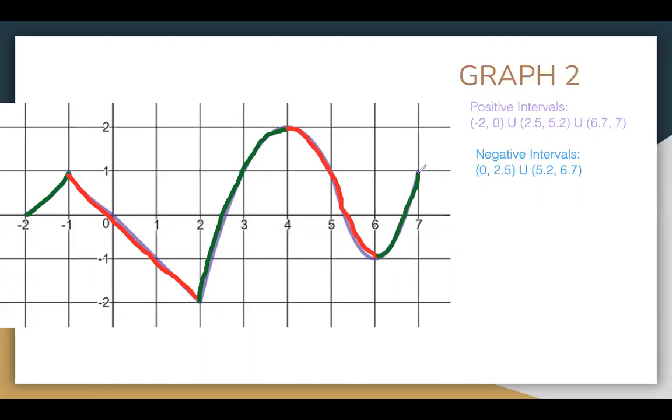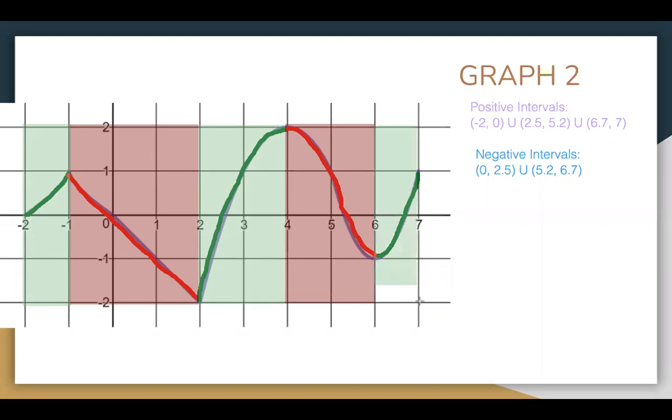So these pieces are our intervals. We just need to number them. So this section was increasing. This section was decreasing. Increasing in this piece. Decreasing in this piece. And then increasing in that piece.